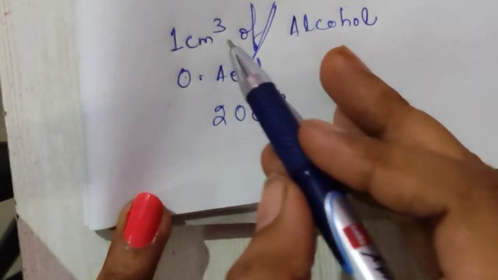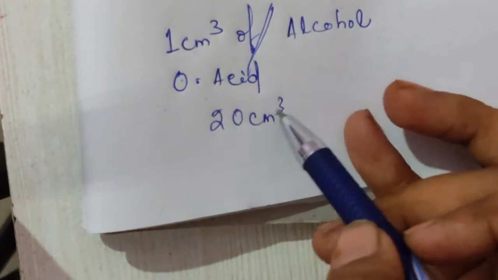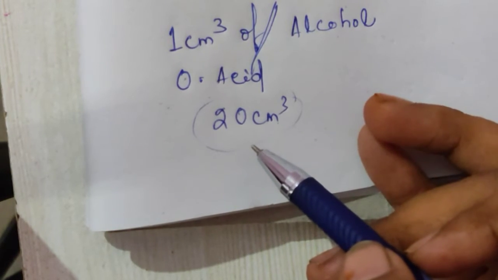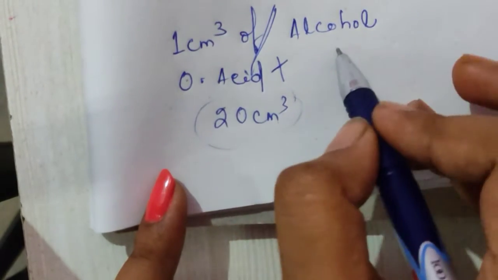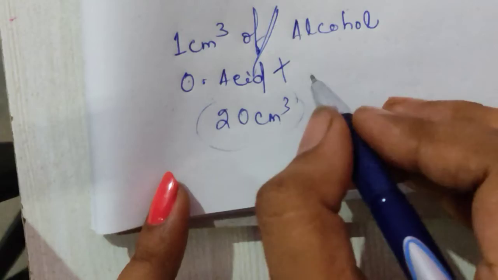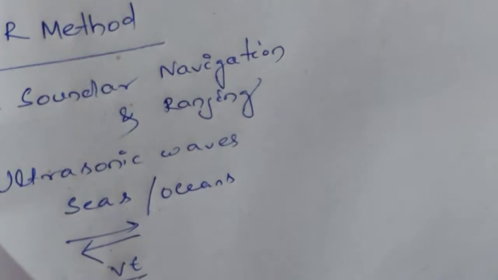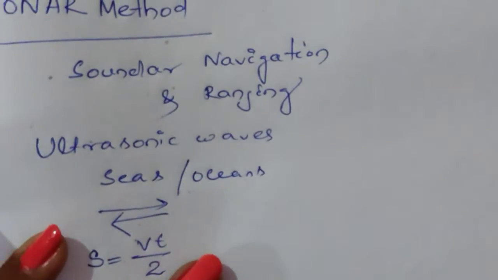Getting my point? Then 1 centimeter cube of this solution, that means the oleic acid plus alcohol, will be taken and diluted to 20 centimeter cube, again using alcohol.